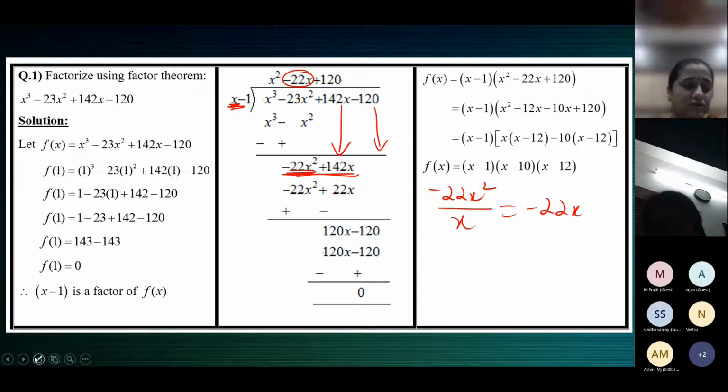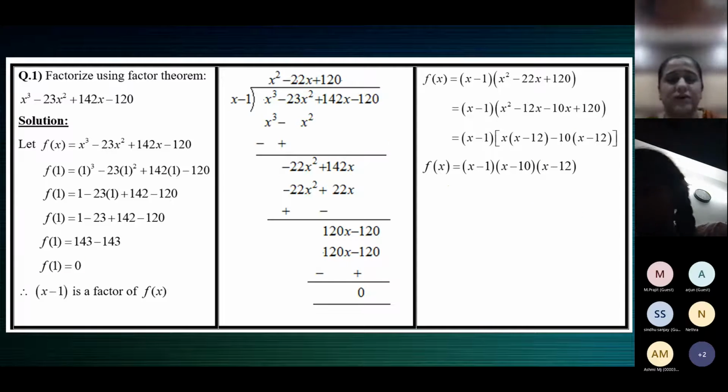Now what do we do? As we did earlier, multiply minus 22x with x minus 1. Minus 22x with x gives minus 22x squared.